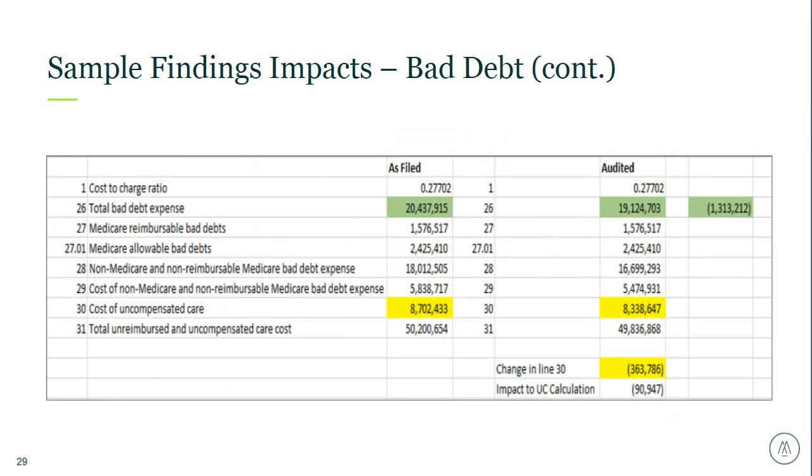And so continuing from the last slide, here overall you can see the financial impact that the 6.43% errored extrapolation can cause. Just like the uninsured charity column 1 from line 20, line 26 is also subject to the cost to charge ratio. The removal of $1.3 million of line 26 overall impacts this UC calculation by approximately $91,000.